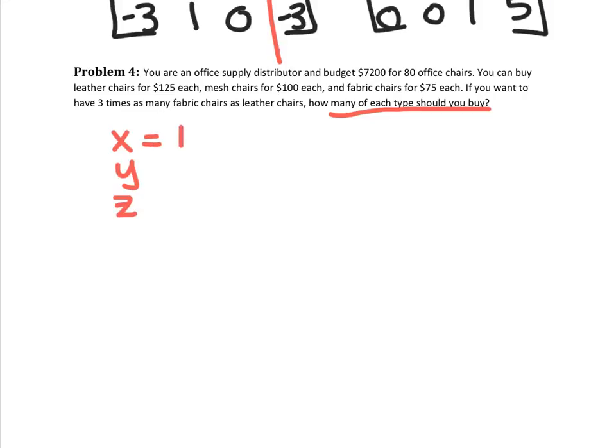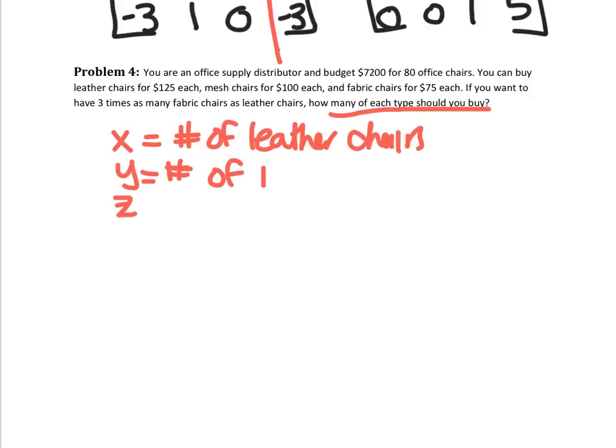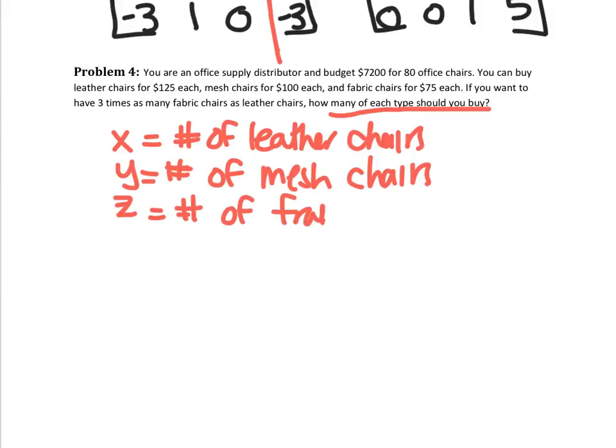I'm going to let x be my number of leather chairs, y will be my number of mesh chairs, so we have 3 different types of chairs, and z is my number of fabric chairs. Oops, spelling that wrong. We don't want fabric, we want fabric chairs.